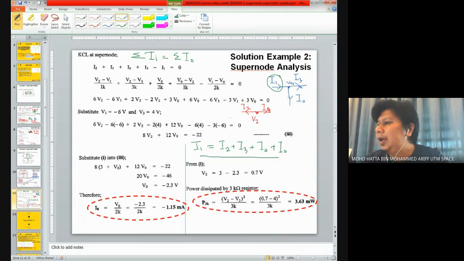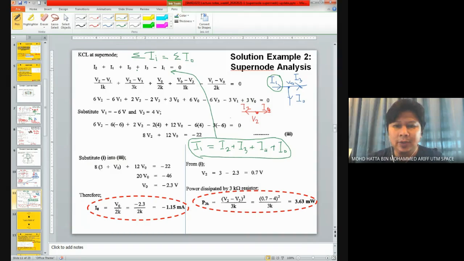Looking at this equation, basically it is the same equation you found over here, except that it has been rearranged, where we bring I1 to the opposite side. So in this case, I have I1 equals I2 plus I3 plus I4 plus IO. Here we have I2 plus I4 plus IO plus I3 minus I1 equals 0. Basically, these two equations are the same.